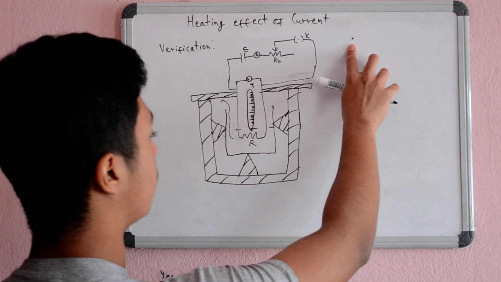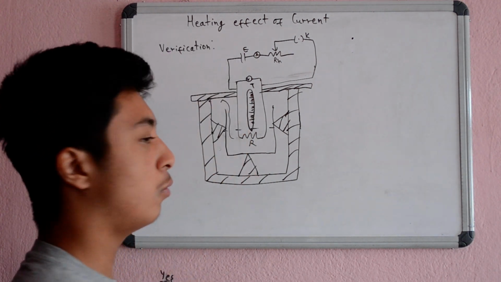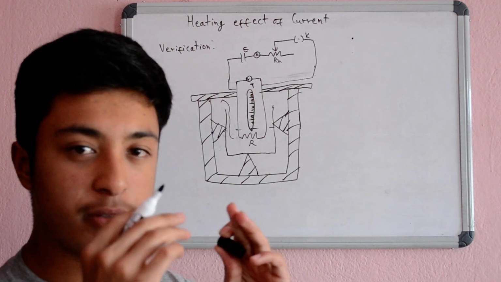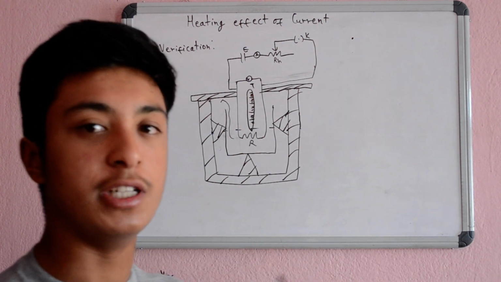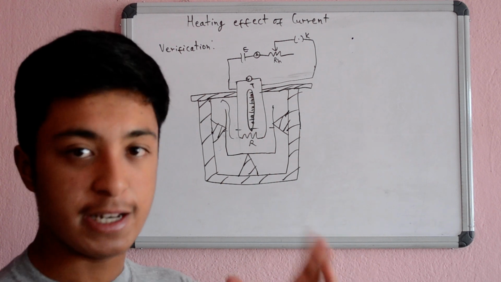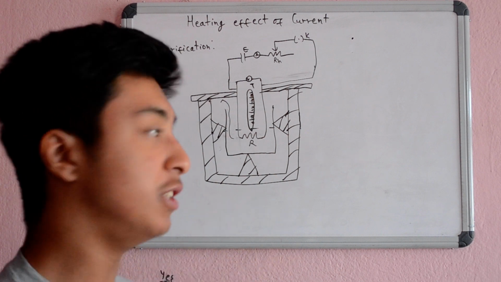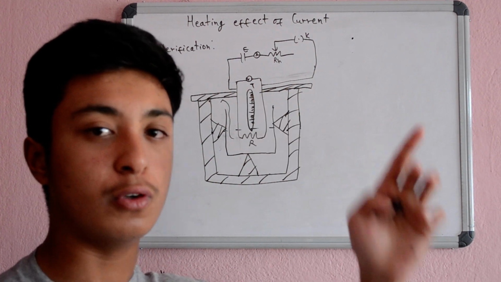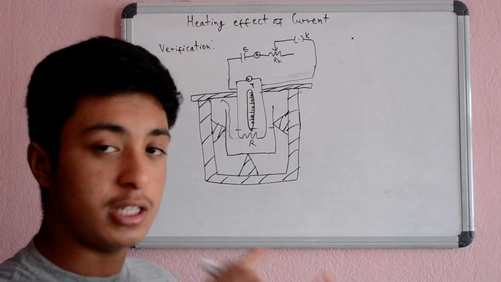For the first theory, it is the collision theory. What this says is that when a battery is connected, a potential difference and an electric field are produced, and the free electrons in the conductor gain kinetic energy due to the electric force, and start to move and accelerate.